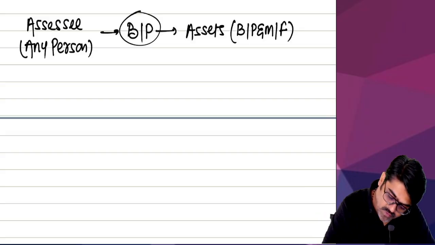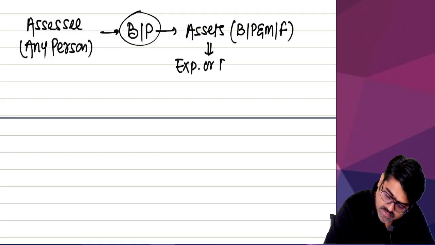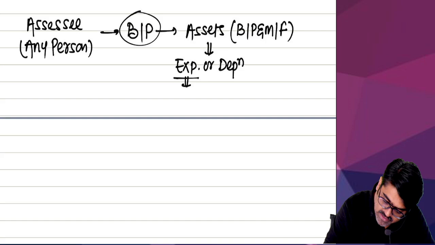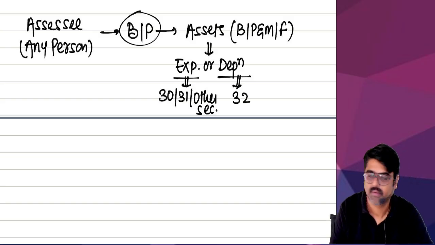Now, for these assets, whether the expenditure is allowable under section 30, 31 or other sections, or the depreciation is allowable under section 32. Okay, no?